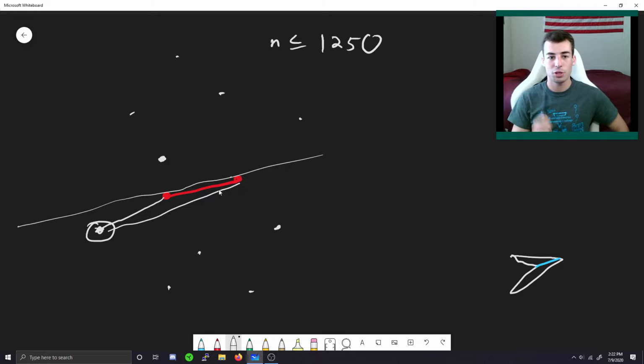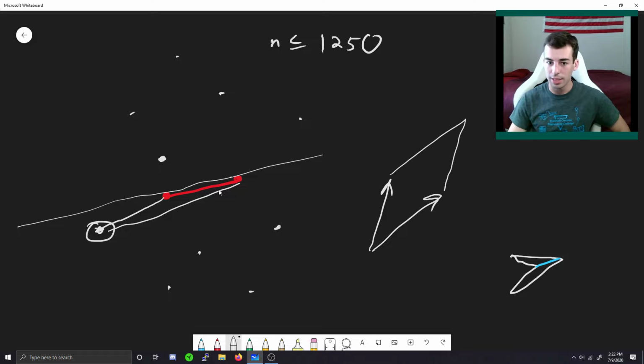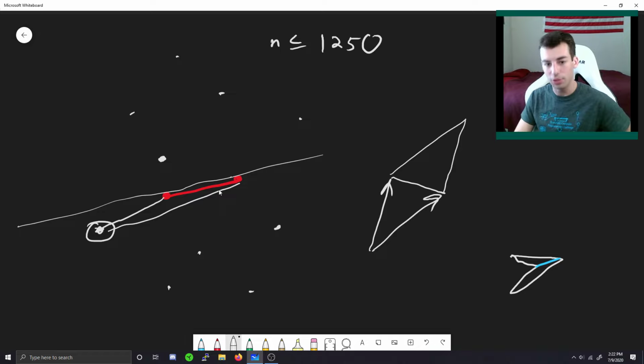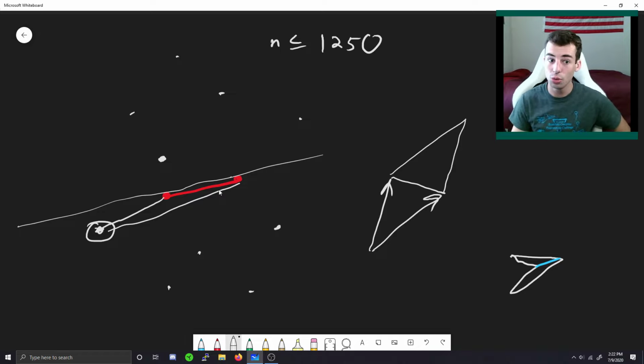Especially in this problem, and possibly in the other ones as well, if coordinates are big, like up to 10 to the 9, you have to make sure you use longs for everything. You can find the area of a triangle pretty easily. If you have two vectors, their cross product will be either the positive or negative area of the parallelogram. So if you want the area of the triangle, you just take the cross product divided by 2.